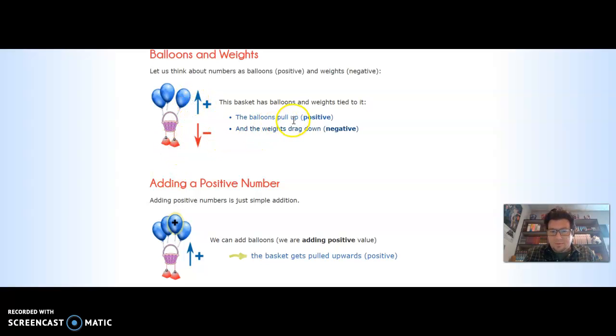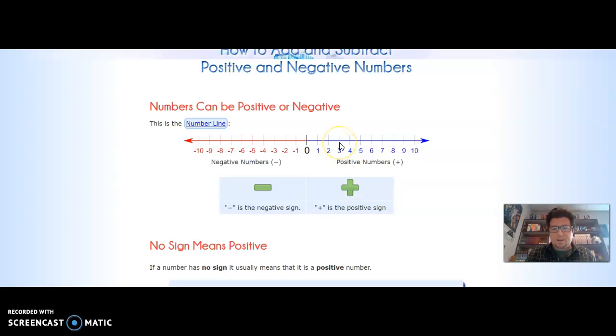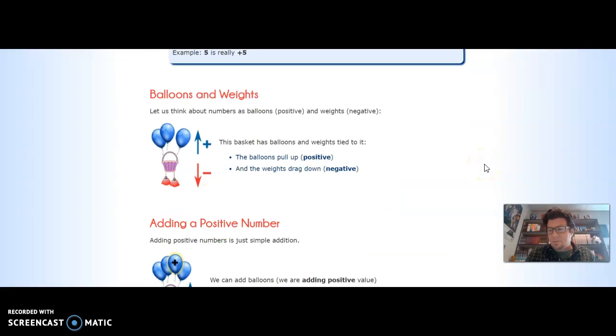What does that even out to? Positive 3 plus negative 2 would be 1, right? When you think about it, it's just 3 minus 2.